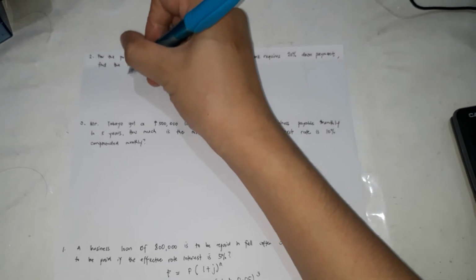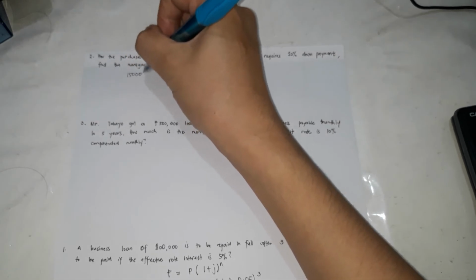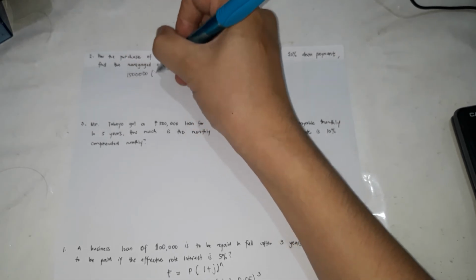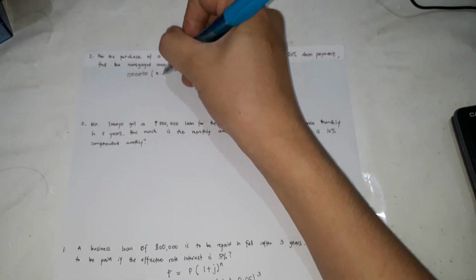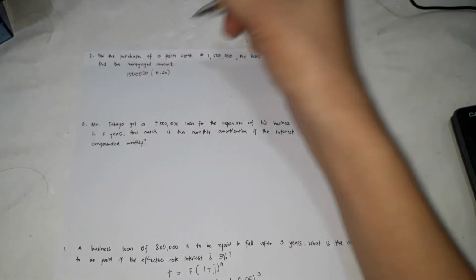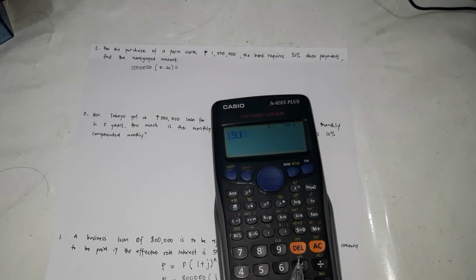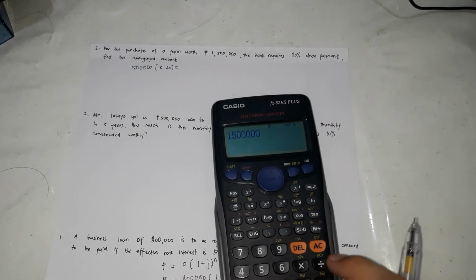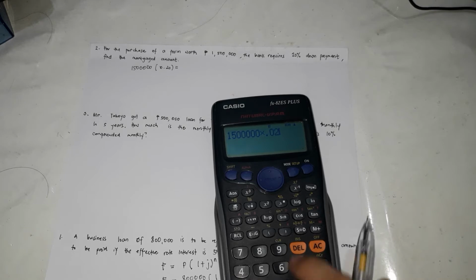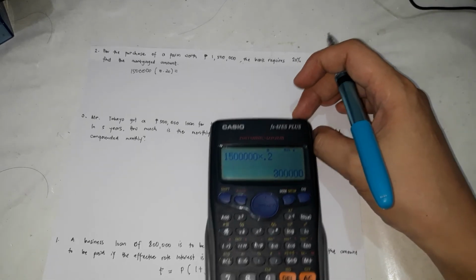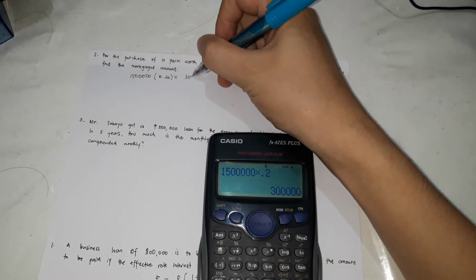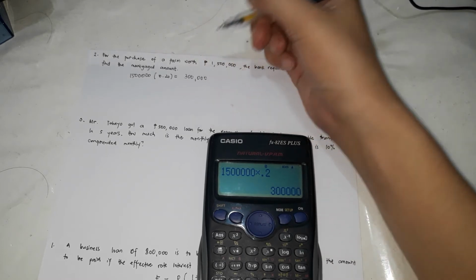We know that it's 1,500,000. Multiply this by 20%, 0.20. So the down payment is 1,500,000 times 0.2, which is 300,000.